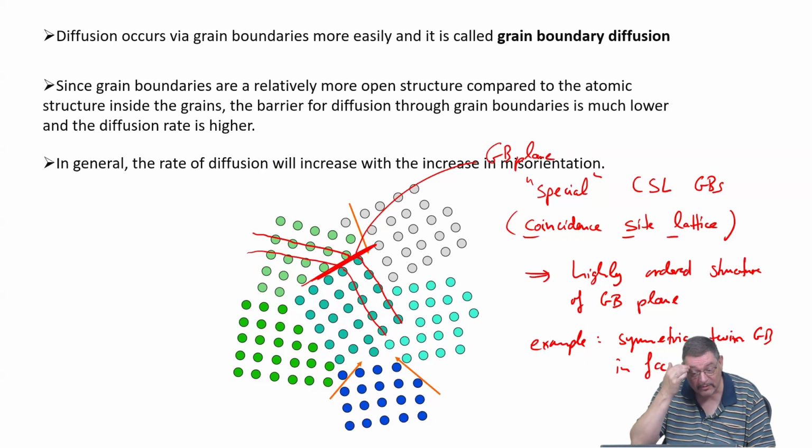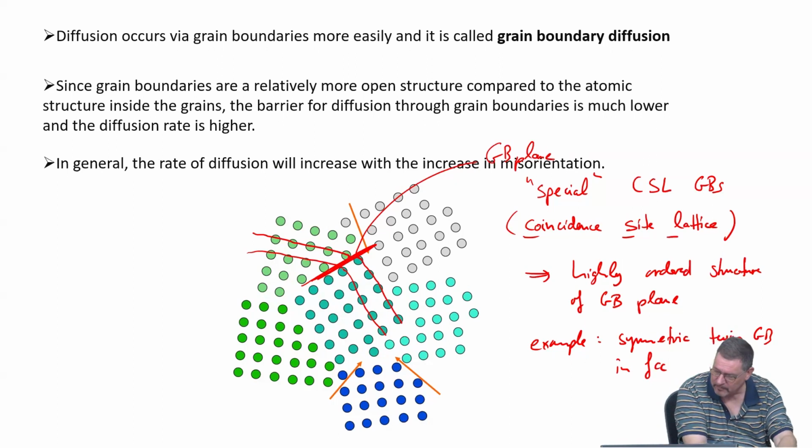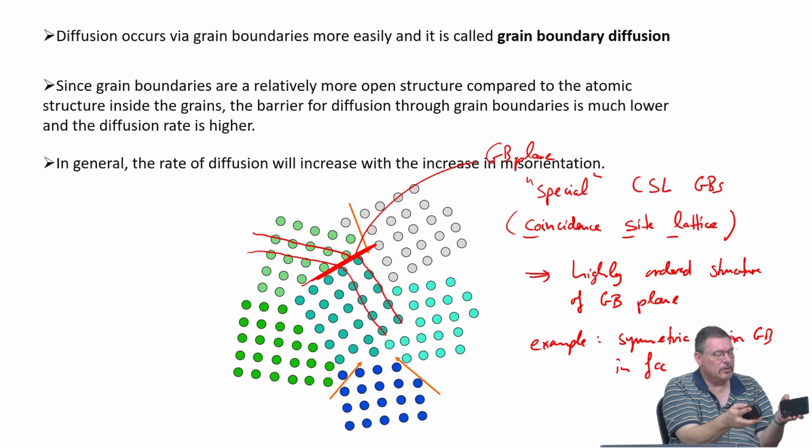And in general, it also means that if you have a higher misorientation between the grains, meaning if I put these two grains together like this, there is no misorientation, so it's not two grains, it's just one grain, because every lattice plane will be connecting.